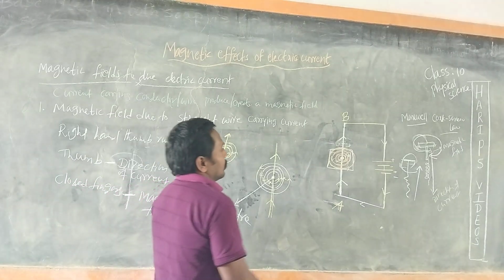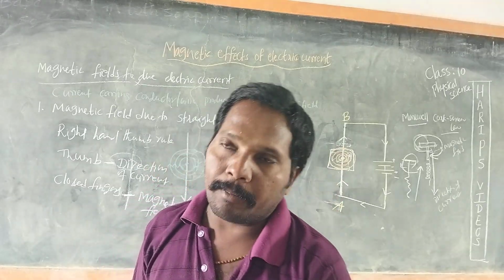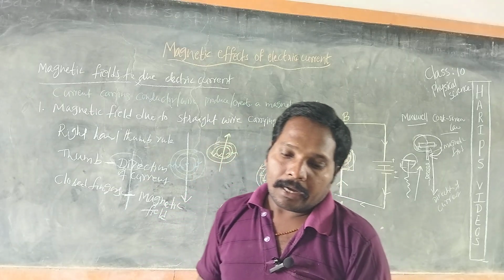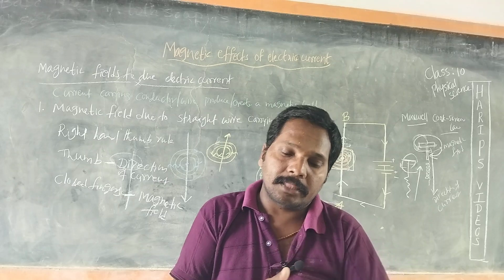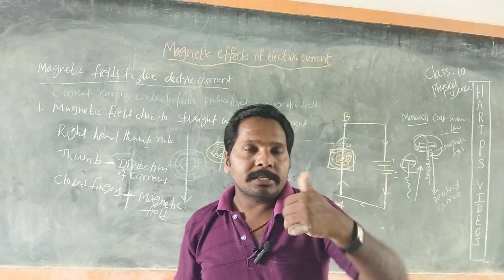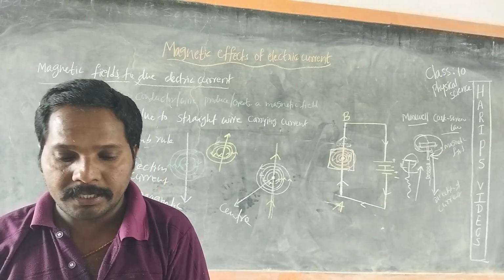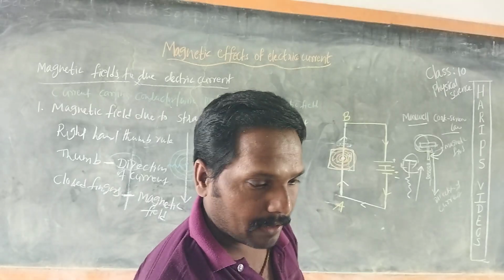So how much magnetic field or magnetic field strength depends on the magnitude of current passing in the wire, and inversely on the distance of the point from the wire.